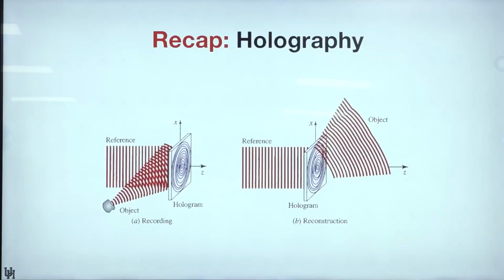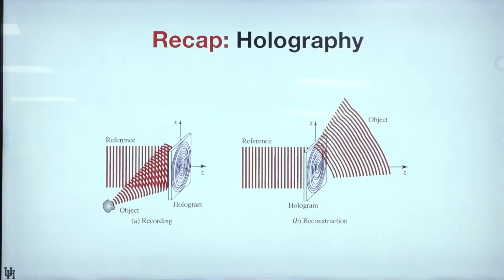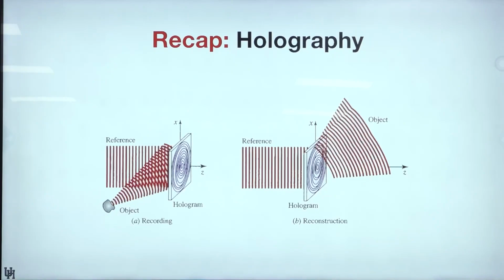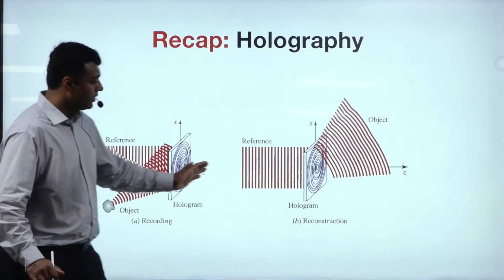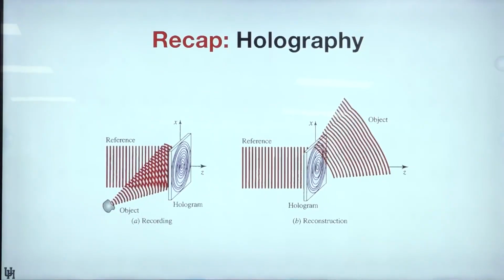But the main idea here is that you have an object, and you have a reference beam of light. You interfere the two on something which is photosensitive to create what's called a holographic plate. If you have the reference beam incident on this holographic plate, then light comes out at the other end. Importantly, the shape of this wavefront is such that if you look from this side and observe the wavefront, it will look as though the object is actually present here.